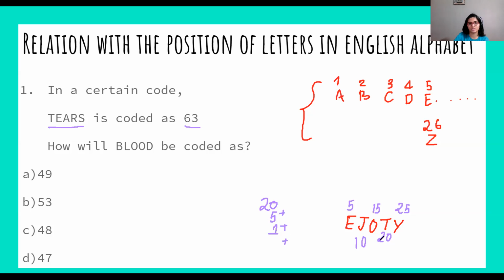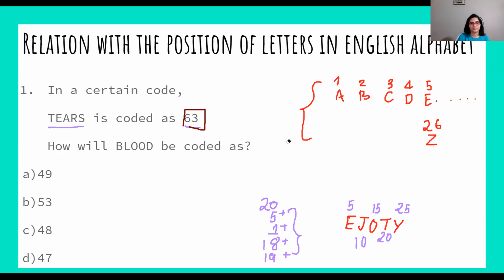Since T is 20, so 20 minus 2 will go backwards, so it will be 18. And S is 19, since after R, S comes, so just one letter, so 19. So if we calculate this, 20 plus 5 plus 1 plus 18 plus 19, we are going to get 63. So this is the relation.